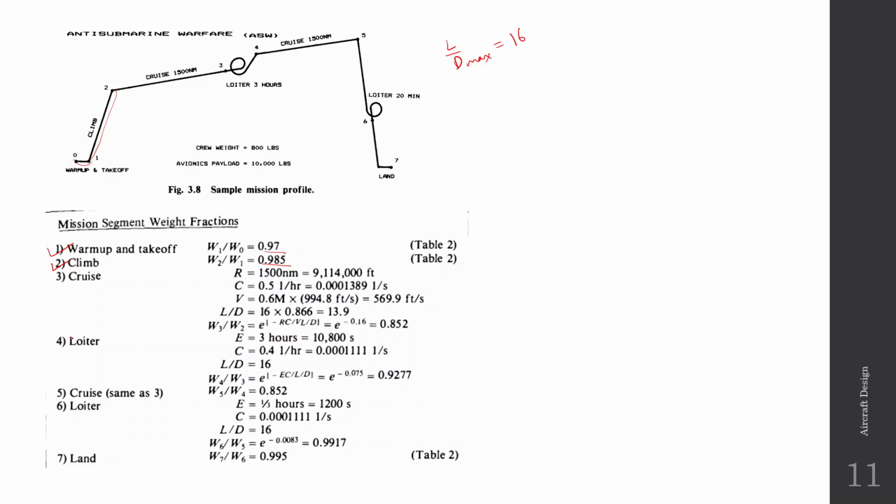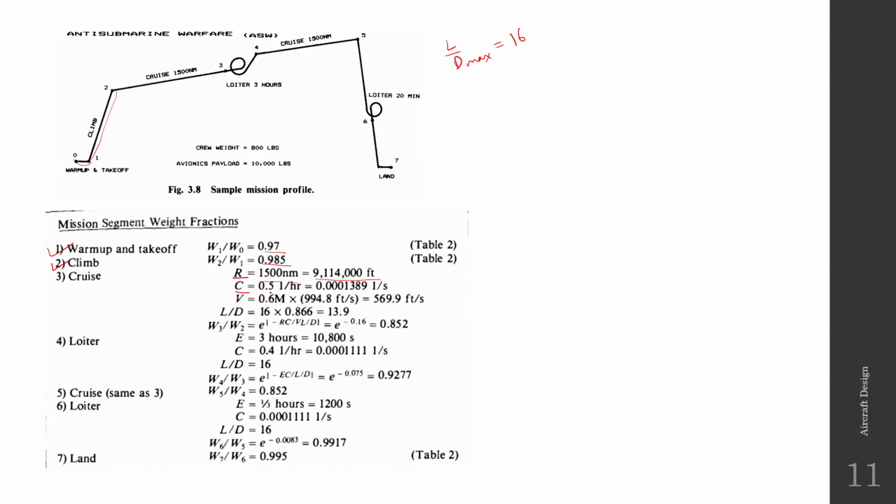Next we come to the cruise phase. For the cruise phase, the range is 1500 nautical miles, which comes to 9,114,000 feet. Here we are converting everything into FPS units, and then putting it into the formula so that everything is consistent.